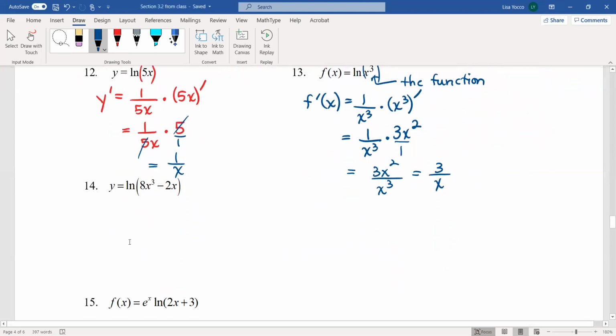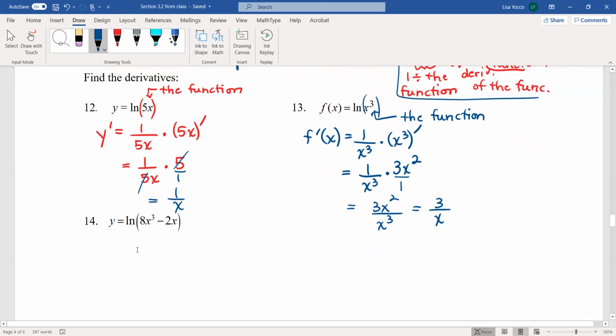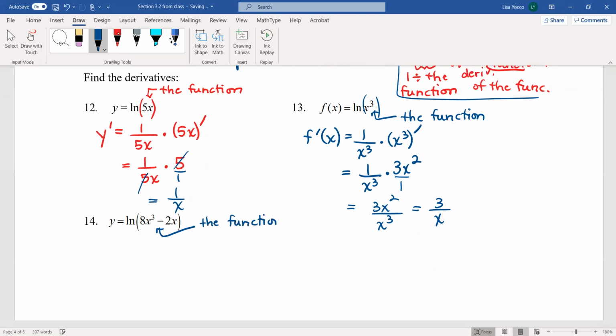Now, for number 14, all right, again, the function is what's in parentheses. So, for the derivative, 1 divided by the function times the derivative of the function.